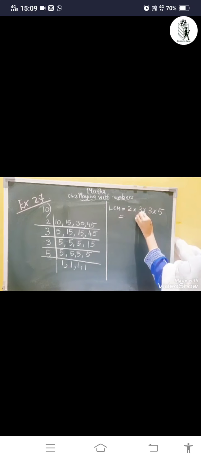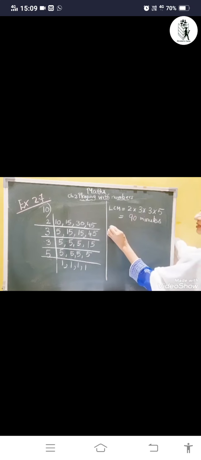Find the LCM: 2 into 3 into 3 into 5. 2 3s are 6. 6 3s are 18. 18 5s are 90. Now this is what? Now we are dealing with time. So actually we get this 90 as minutes. 90 minutes. Okay, LCM 90 means it's nothing but 90 minutes.